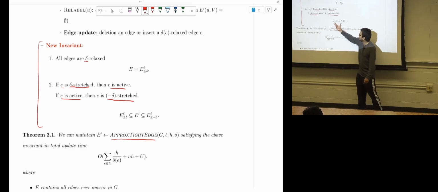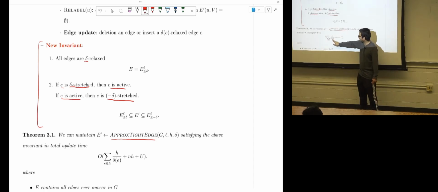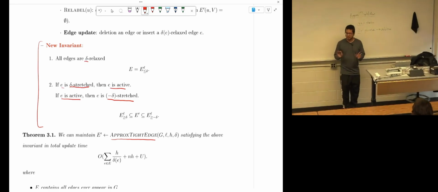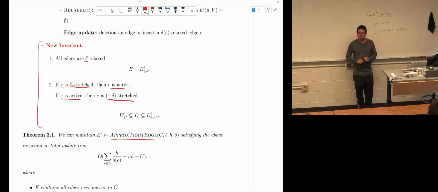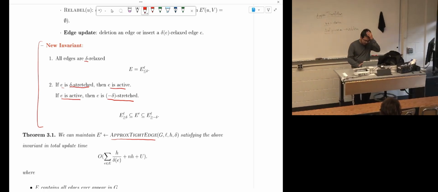And the running time is basically you pay h over delta per edge. So far it's just the same thing, right? Is there any question about this? Okay. So what does this buy us?